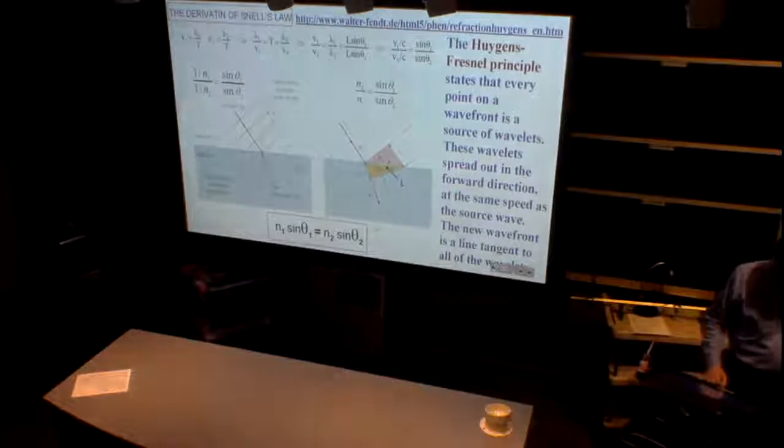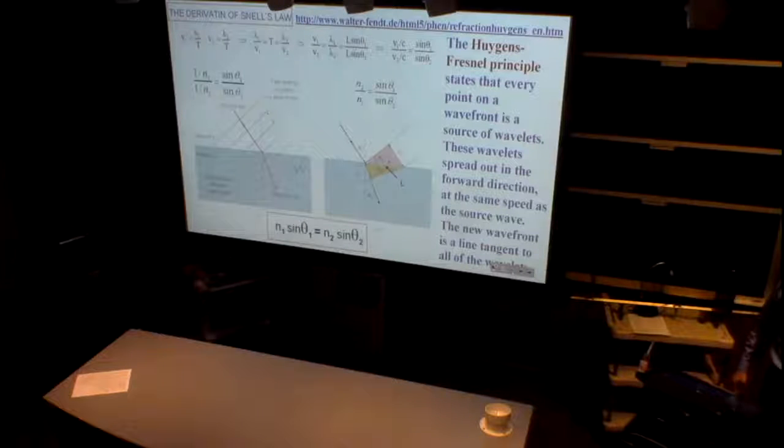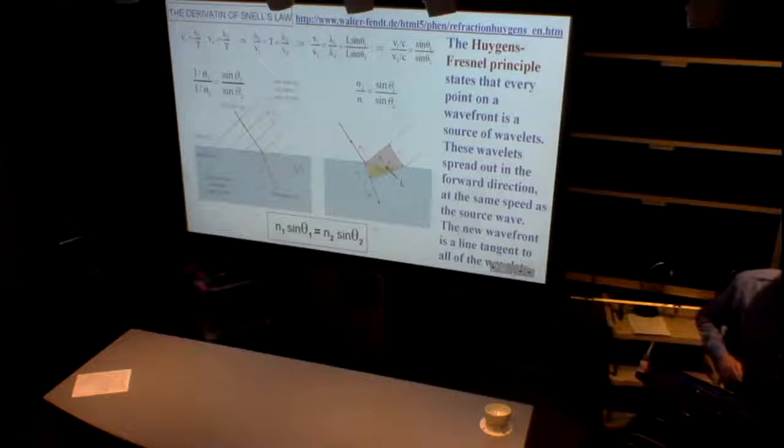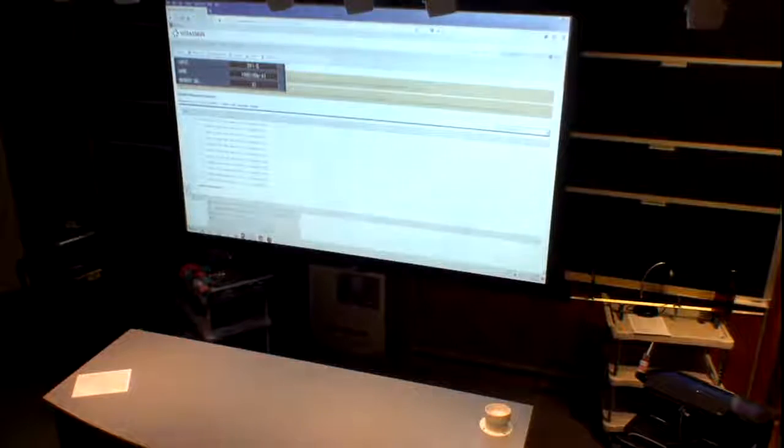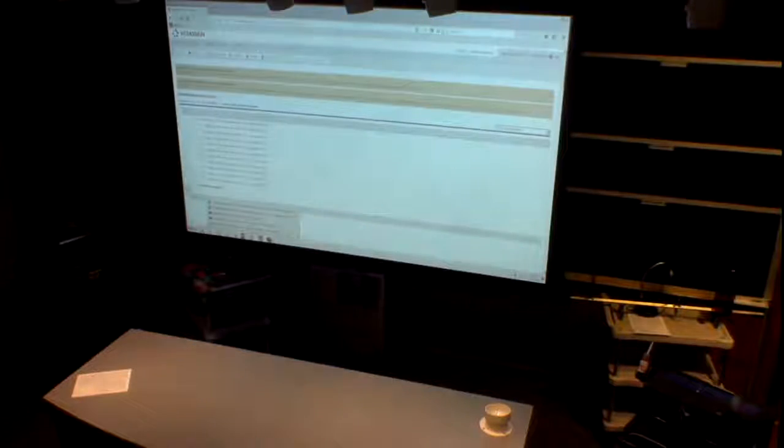And the wave theory of light actually tells us how to calculate the angle of refraction. We don't have to do this mathematics, it's just an example, but there's a nice app which demonstrates what's happening. It's based on the so-called Huygens-Fresnel principle.